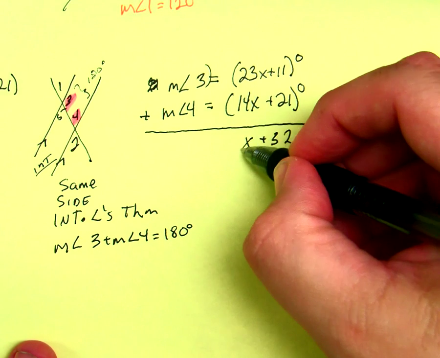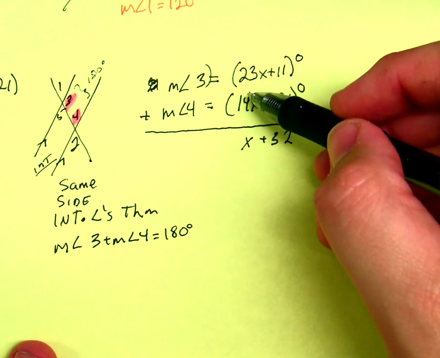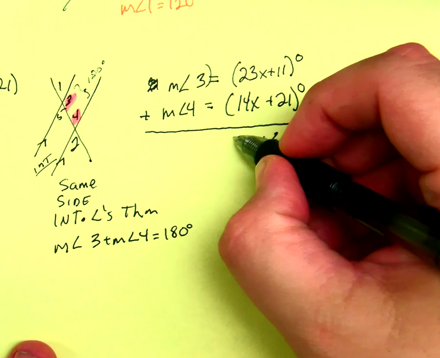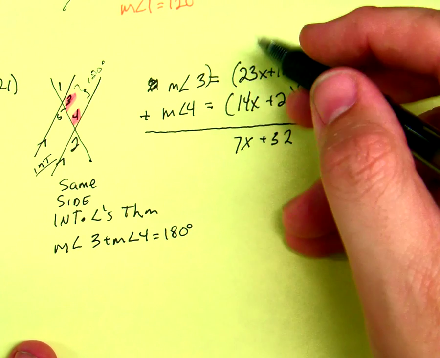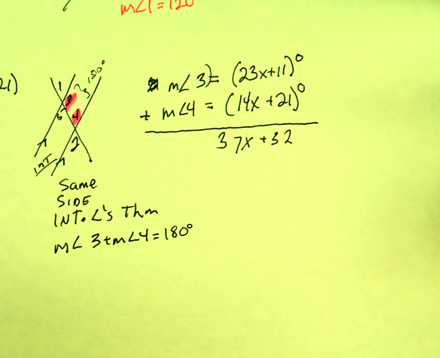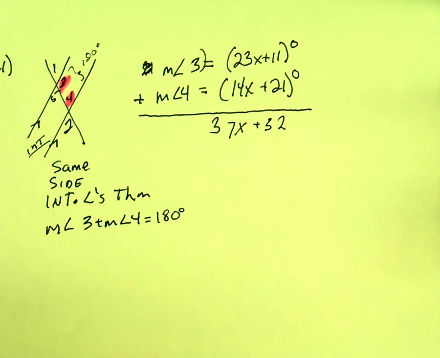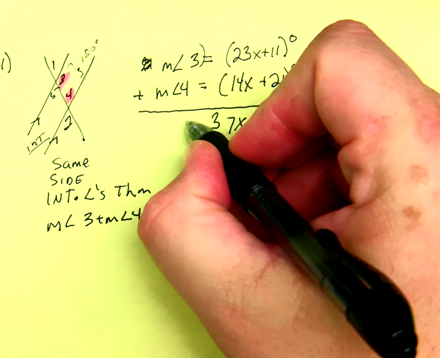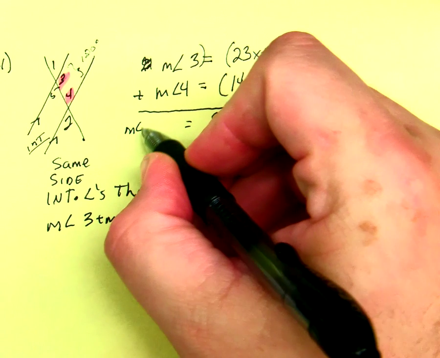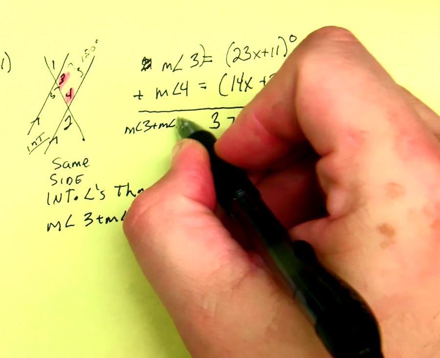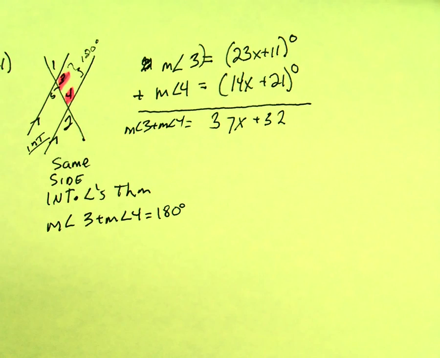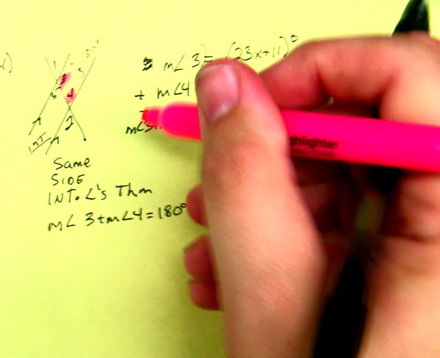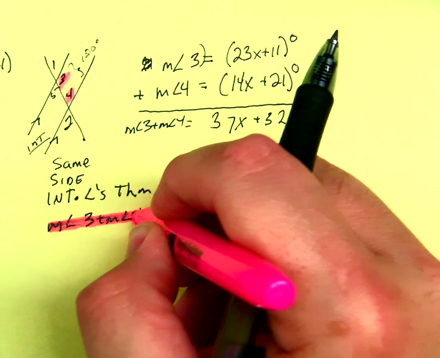Now I'm going to add up my x's. 3 plus 4 is 7, 2 plus 1 is 3. So 37x plus 32. And that's equal to measure of angle 3 plus measure of angle 4. So that part is equal to that part.